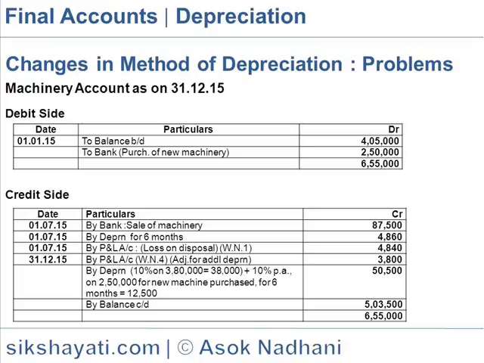The calculation has been explained. Then depreciation 10% on 3,80,000 is 38,000, and 10% on 2,50,000 for the new machine purchased, for 6 months, is 12,500. So the total depreciation for the year is 50,500. So the balance is the difference between the debit side and these entries in the credit, that is 5,03,500.